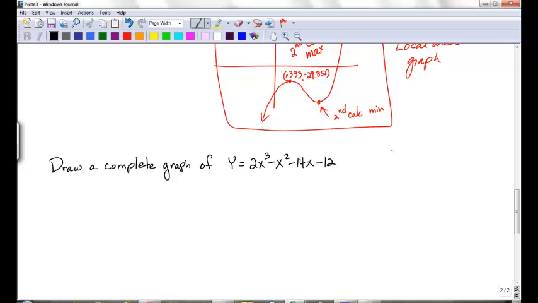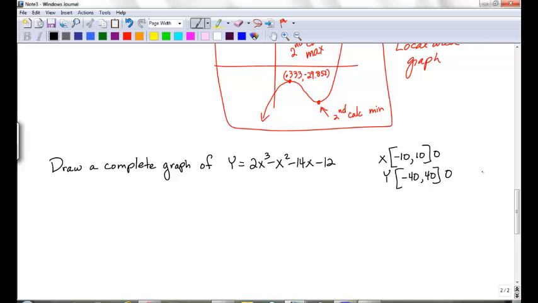Okay, and I'm going to give you a specific window. X, so the x min is negative 10, x max is 10, and 0 for your scale. For your y, I'm going to go negative 40 to 40 and scale 0. Are our zoom set factors okay? 2 and 8, right? So they're okay. Okay, so let's input our new equation.